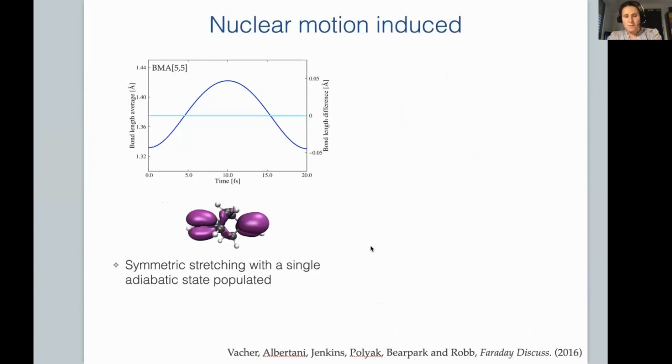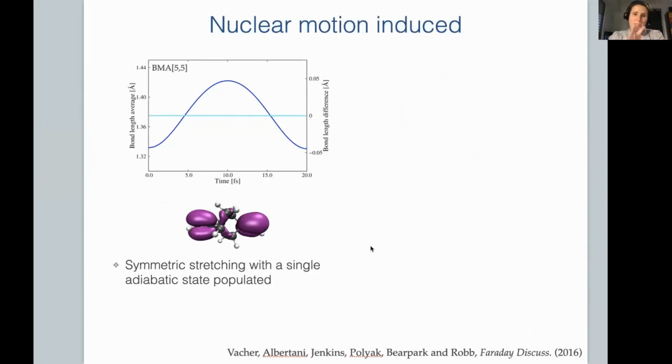Before, the last part I would like to talk about is actually not on the electron dynamics that is influenced by the nuclear motion, but simulating the same process, looking at it from the other side, and looking actually at the nuclear motion that is induced by the electronic wave packet.